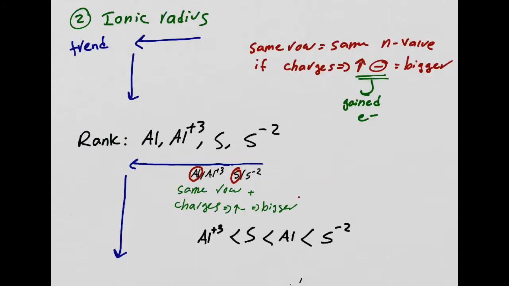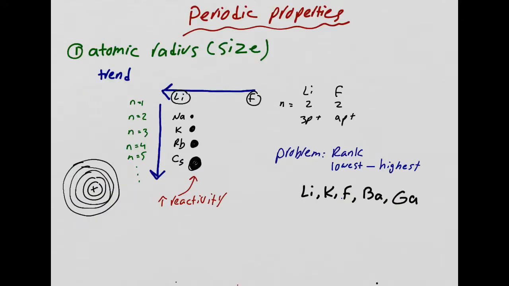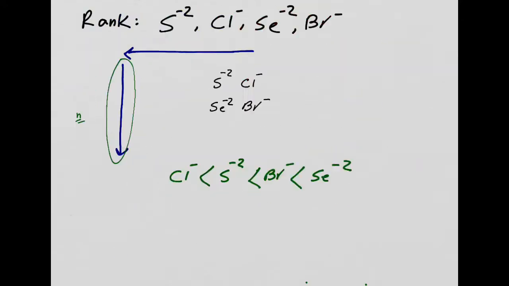So next one. So far we did atomic radius. Then we did ionic radius. Now the next one is going to be ionization energy. I'm going to put IE. Here's what ionization energy is.